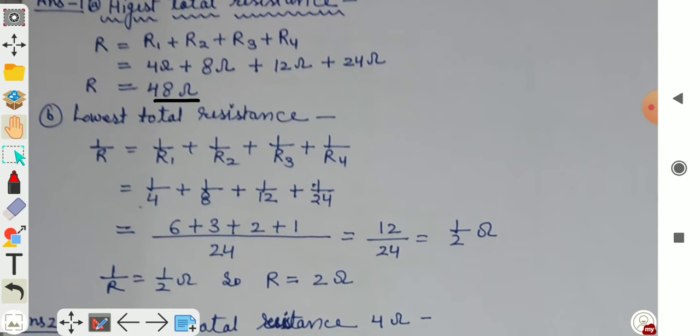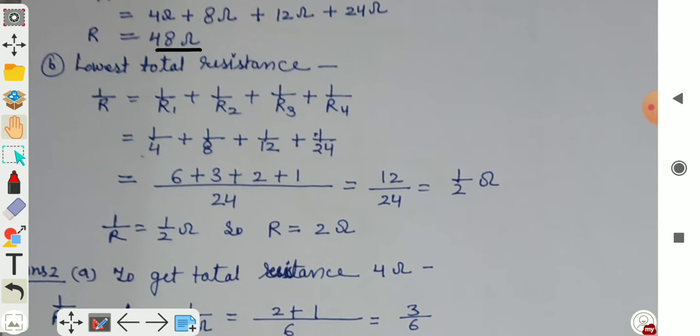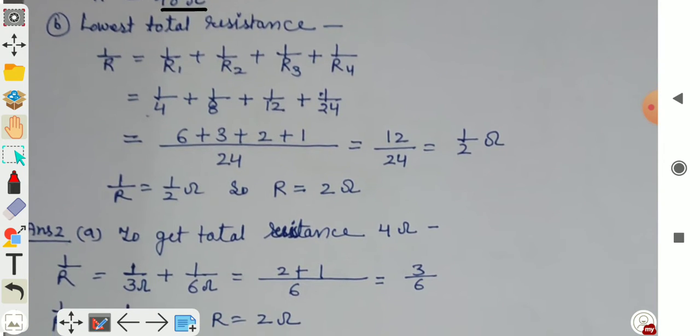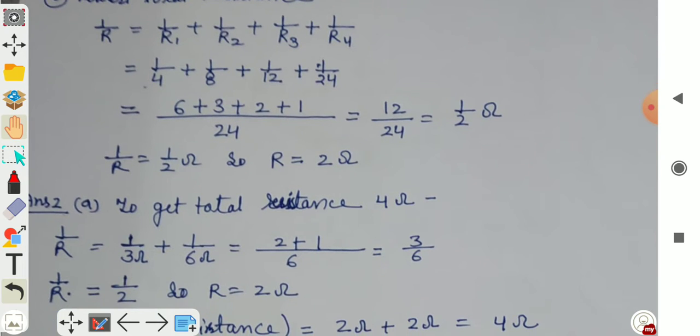In the second case, you connect all these resistors in parallel. In parallel, 1 upon R equals 1 upon R1 plus 1 upon R2 plus 1 upon R3 plus 1 upon R4.